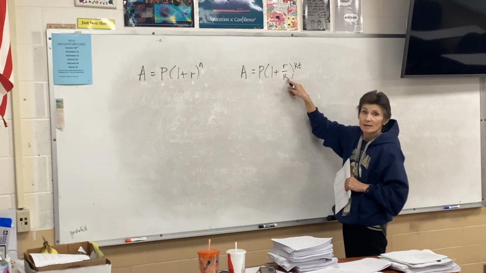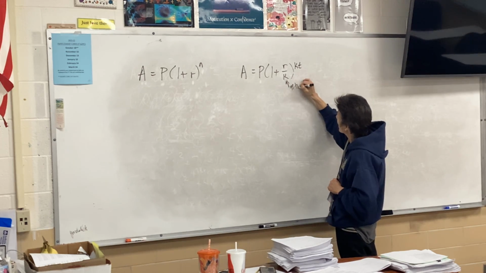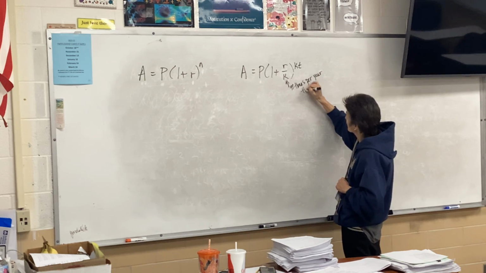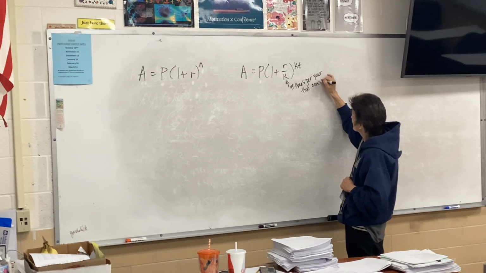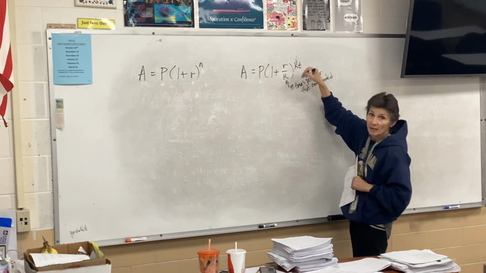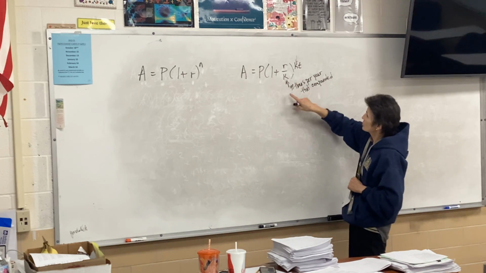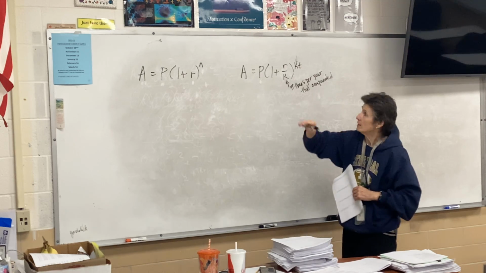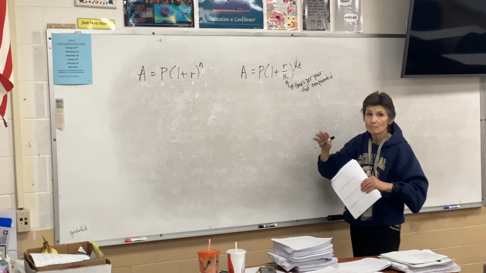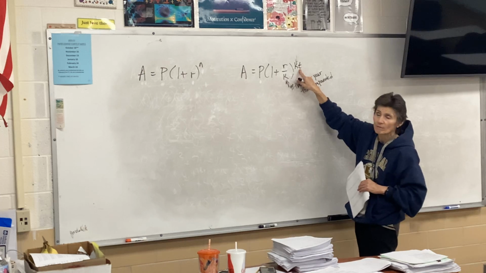Now K is the letter they use for the number of times per year that we compound our interest. And that's a K there too. Those are the same K. Anytime in a formula you have the same letter, it means the same thing. So if we're doing quarterly, then K would be 4. If we're doing monthly, then K would be 12. Then T is the number of years.